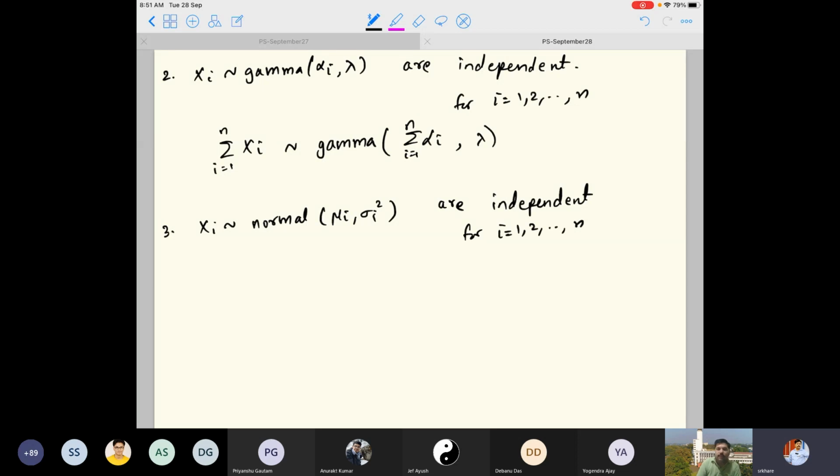If that is the case, then summation Xi, i from 1 to n, what does it follow? It will follow normal density with summation mu i from 1 to n, and summation sigma i square, i from 1 to n. Is that okay?